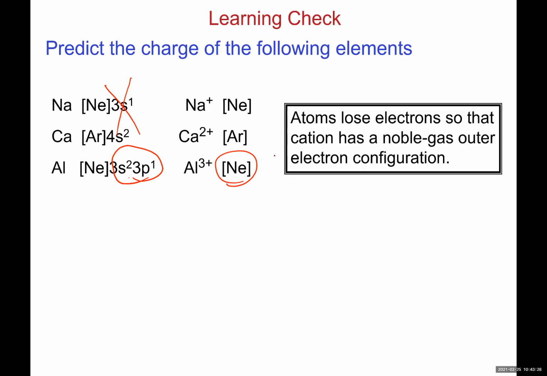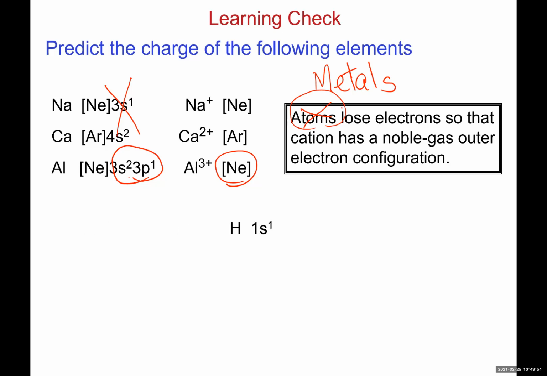So atoms lose electrons so that the cation has a noble gas outer electron shell. Why don't I write here metals? So instead of atom, I better say metals lose electrons to become a cation, which has noble gas electron configuration.